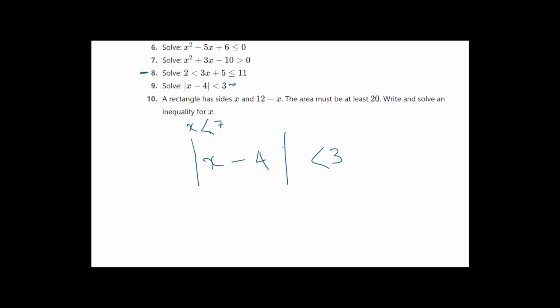Now, is there a negative number or any number on the other end which would make that equal? Well, 1 minus 4 is minus 3, and absolute value would be 3. So it's got to be a number which is greater than, x would have to be greater than 1.